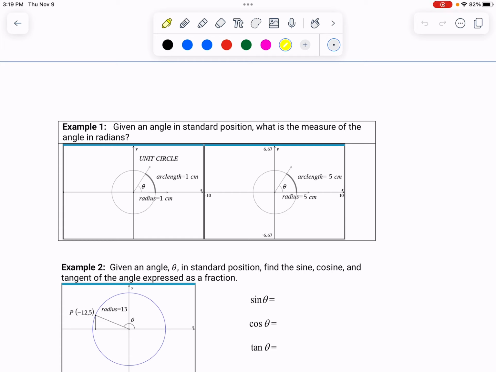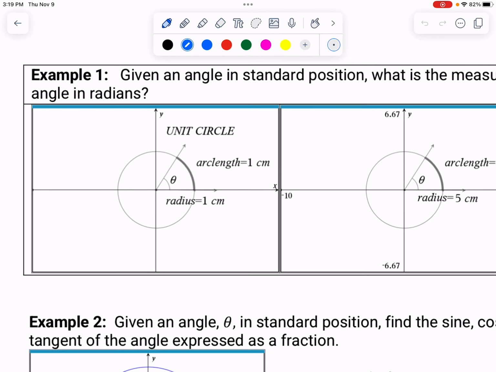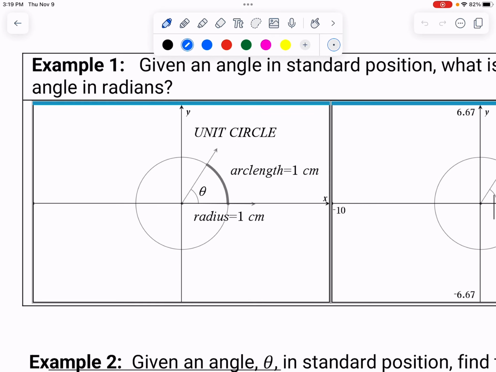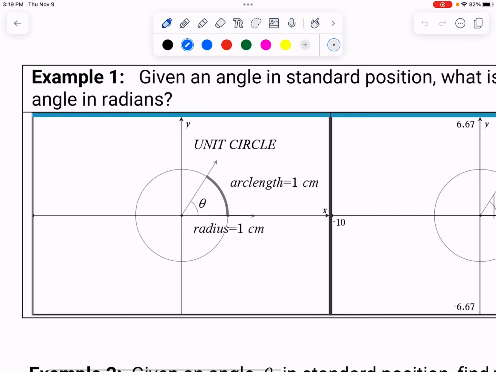It's relating the unit circle and sine, cosine, and tangent, and that kind of stuff. So to begin with, we probably already talked about this, but I want to make sure I get it well in your brains. And that is that when the radius and the arc length are equivalent, the measure of the angle that this opens up is going to be 1 radian.